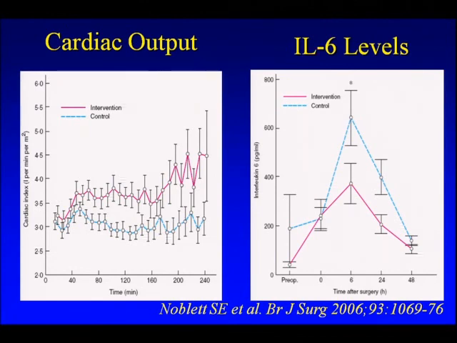The rise of IL-6 is far lower compared to the standard of care group. So clearly, there is some mechanistic basis that goal-directed therapy improves perfusion and therefore reduces inflammation in post-operative care.